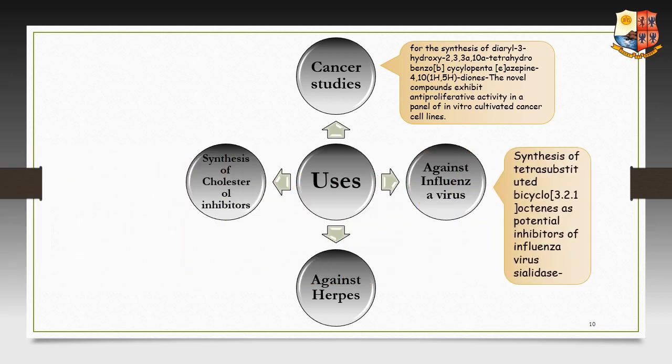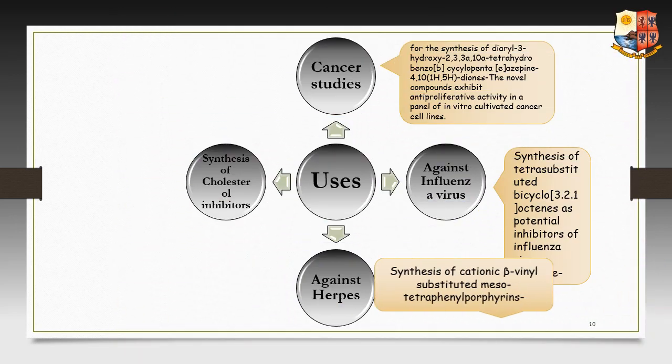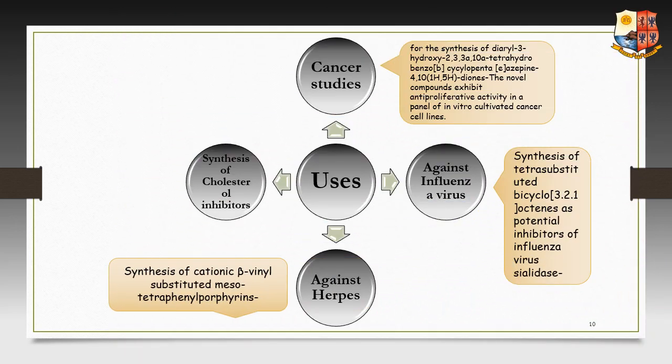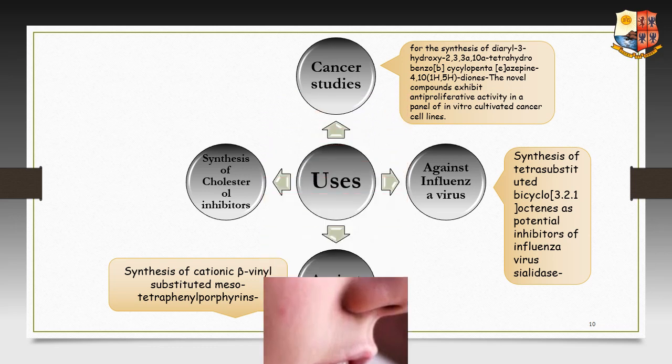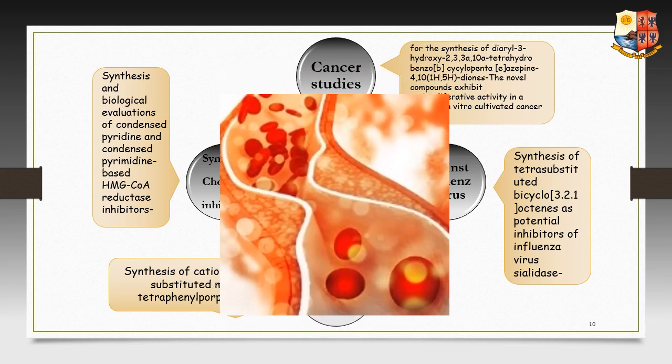Second, against influenza virus, for the synthesis of tetra-substituted bicyclooctenes as potential inhibitors of influenza virus sialidase. 3. Against herpes, for the synthesis of cationic beta-vinyl substituted meso-tetraphenyl porphyrins. And 4. In the synthesis of cholesterol inhibitors, in synthesis and biological evaluations of condensed pyridine and condensed pyrimidine based HMG coenzyme A reductase inhibitors.